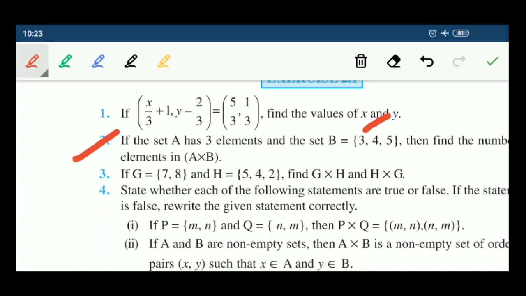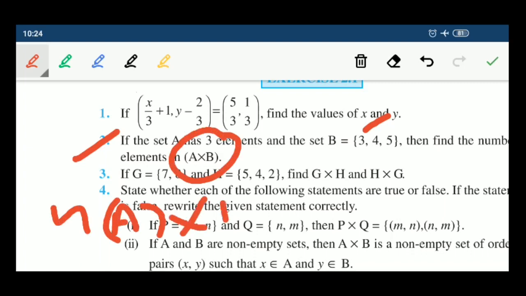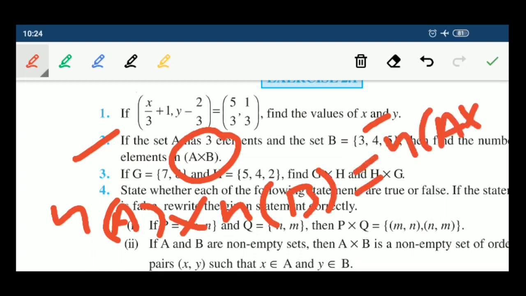Our question is to find the number of elements of the Cartesian product A cross B. Now we will use this result: n(A) multiplied by n(B) is equal to n(A cross B). Here the number of elements of set A is 3 and of B is also 3. So your answer is 9.